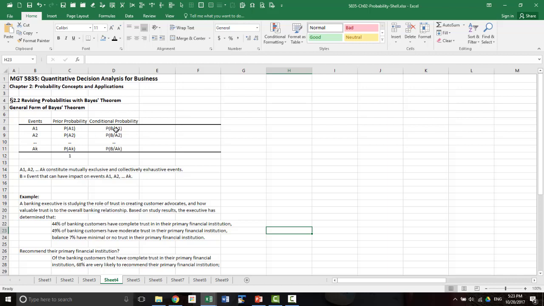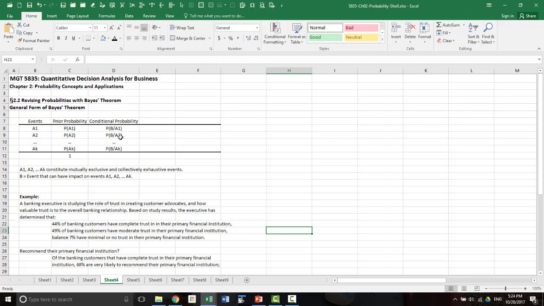Let's say B stands for good credit score. So now you look at the probabilities: good credit score among bad risk, good credit score among moderate risk, good credit score among good risk.